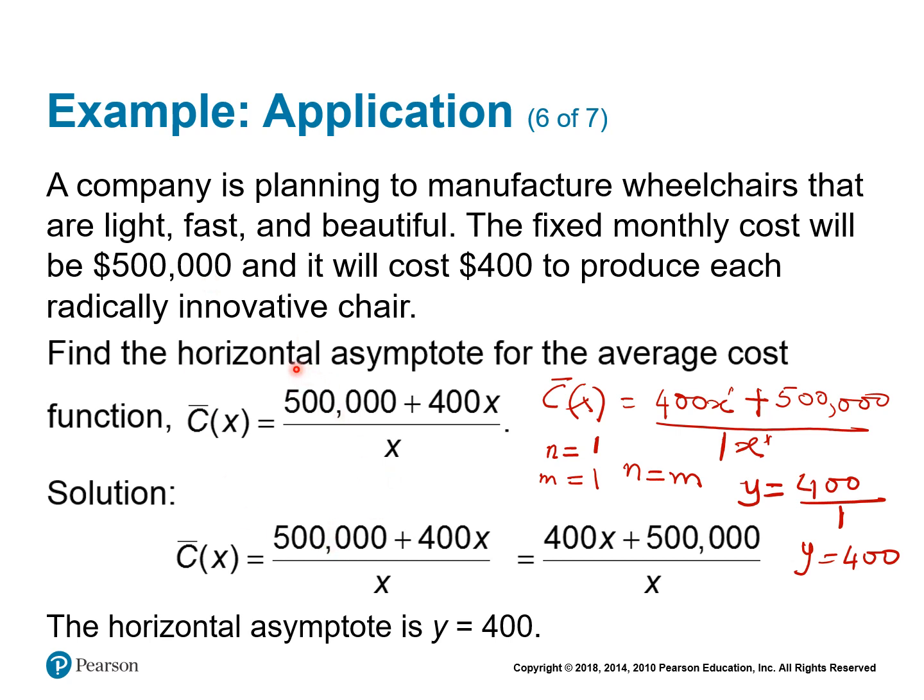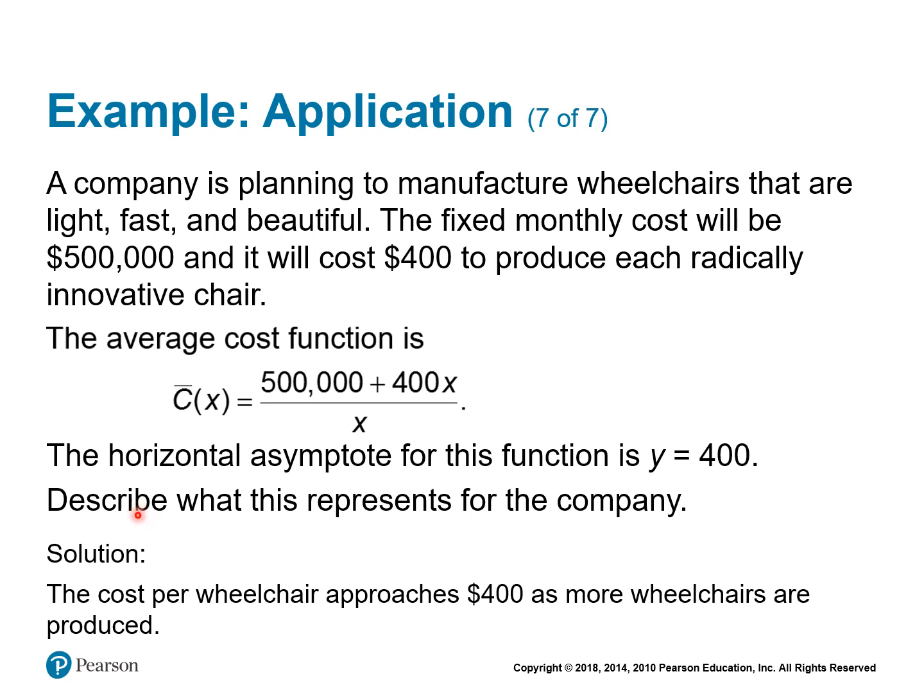So that's the purpose the horizontal asymptote is serving. It's telling us that the average cost is going to even out at $400, no matter how many chairs you produce after a certain point. So the final question is, describe what this horizontal asymptote represents for the company, given that the horizontal asymptote for this function is y equals 400.